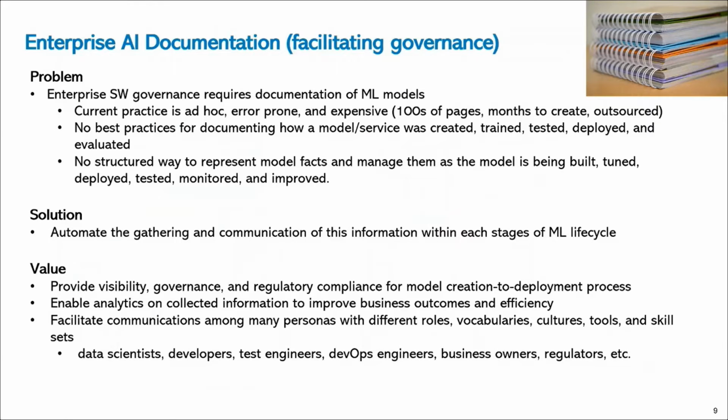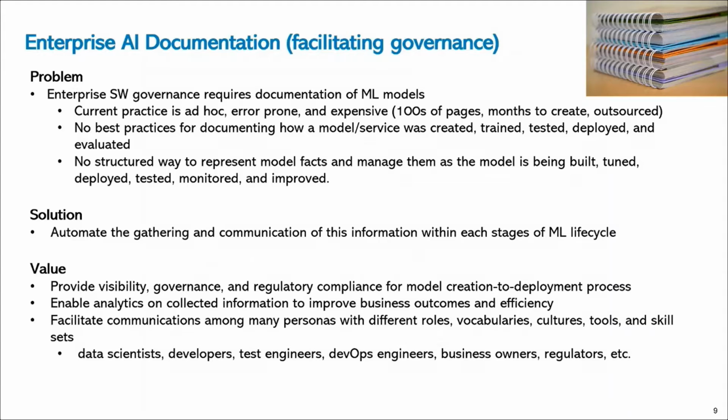Okay. So we spoke to a lot of customers, and this is getting more into the governance side. A lot of customers have this problem. They need to document how their models were built because they're often in regulated industries. You see this a lot in the financial industry, where they're regulated and they need to demonstrate to a regulator that they're building their model in a risk-free way, or as risk-free as possible.